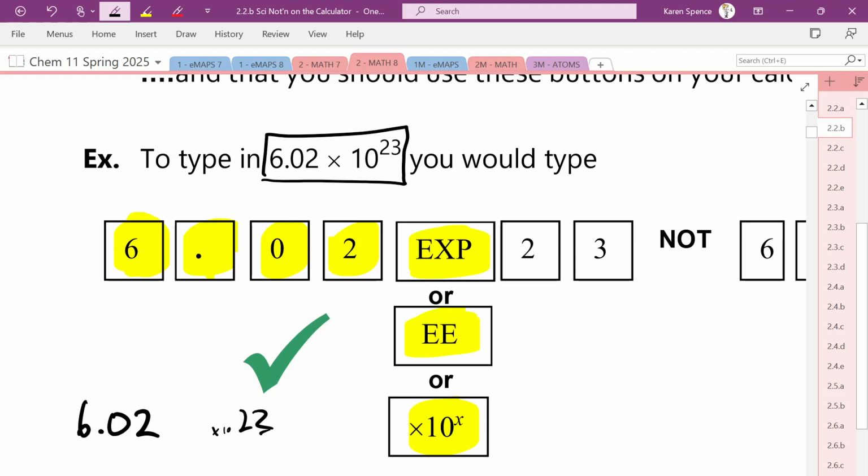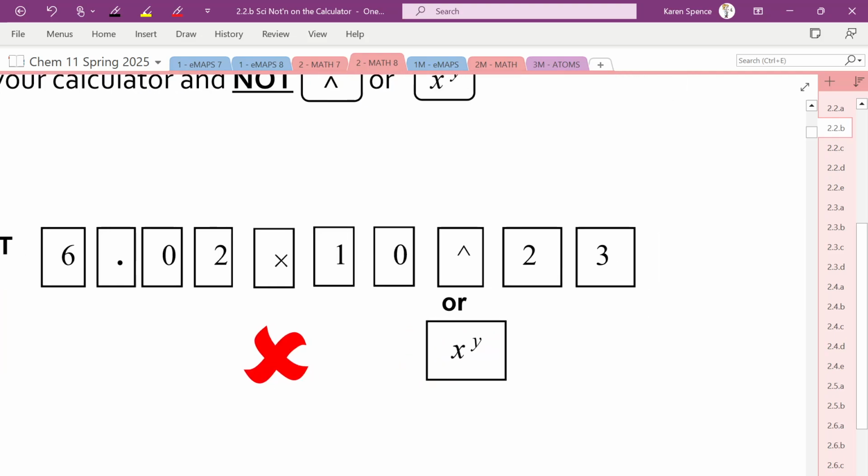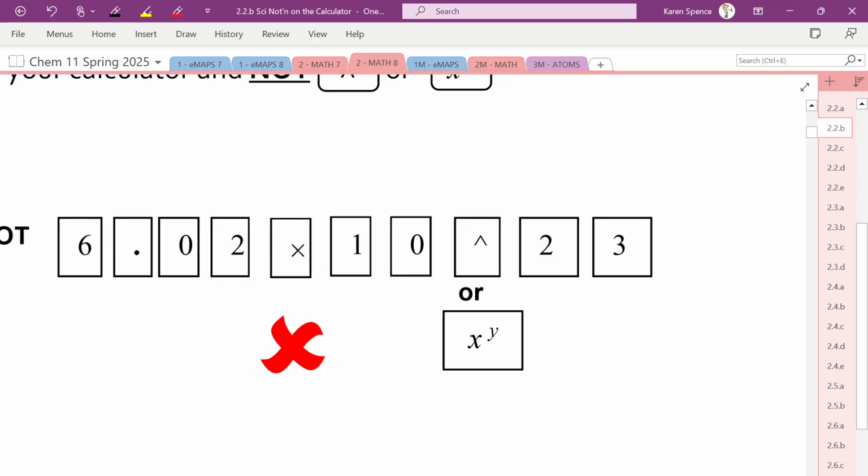Okay? It just depends what your calculator does. Now, here's what you're not going to do. You are not going to use 6.02, type times, type in the 10, or type in a caret, or use an x to the y.